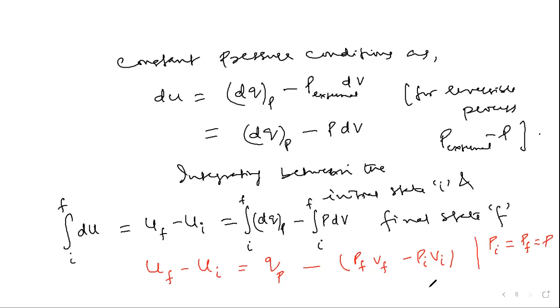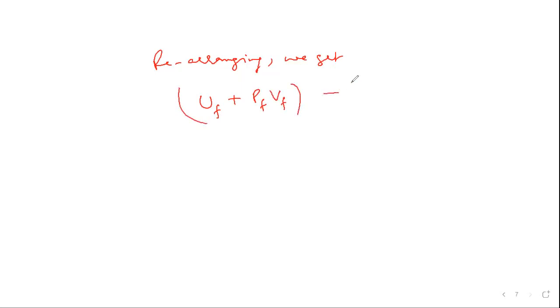Rearranging the above equation, you will get UF plus PF VF minus UI plus PI VI is equal to QP.